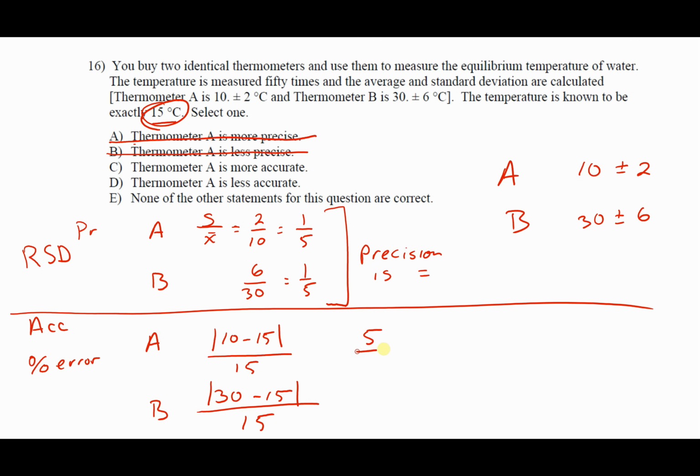So this will be 5 over 15, and this will be 15 over 15. So we can clearly see that this is equal to 1, and this is going to be 1/3. So this is more accurate, right? So the answer is A. Thermometer A is more accurate. There we go.